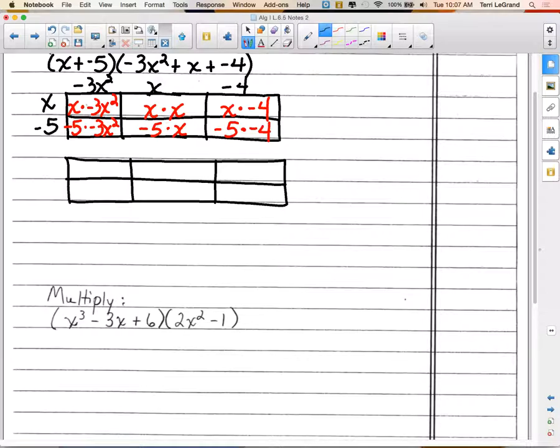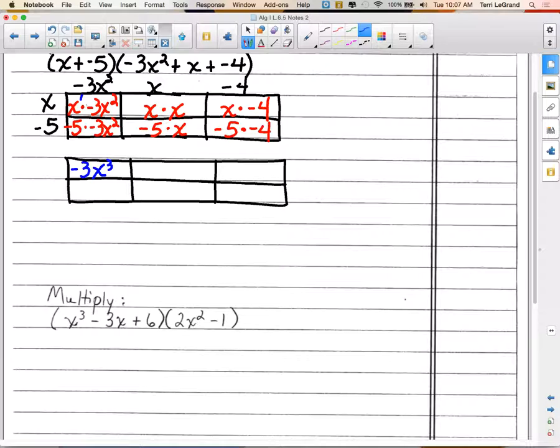So what's the product of x times -3x squared? What would that be? -3x cubed. Right, because this is to the first, and 1 plus 2 is 3.